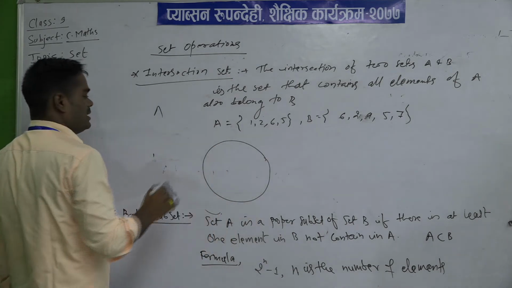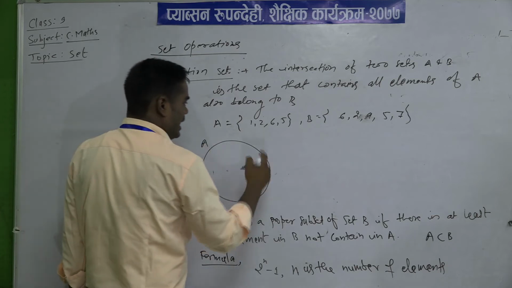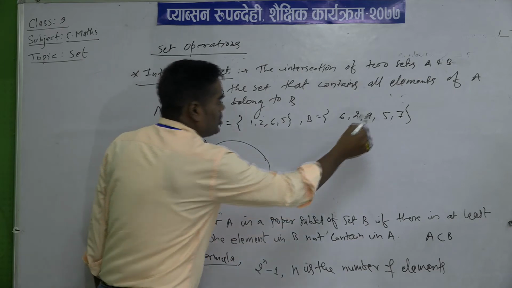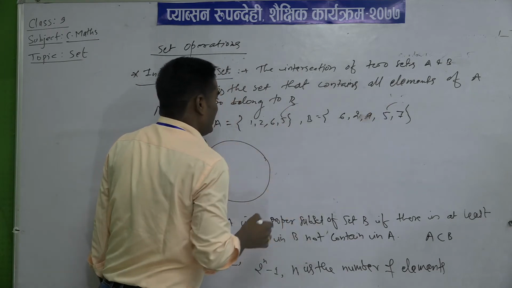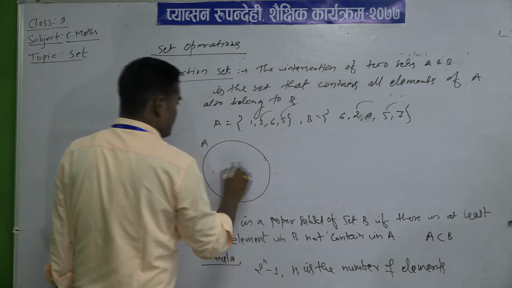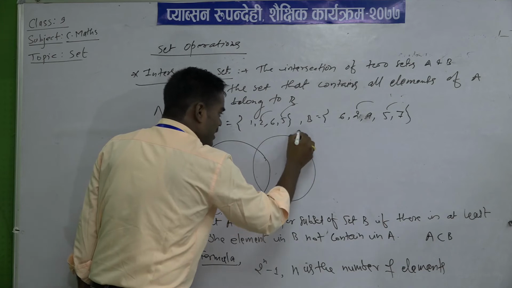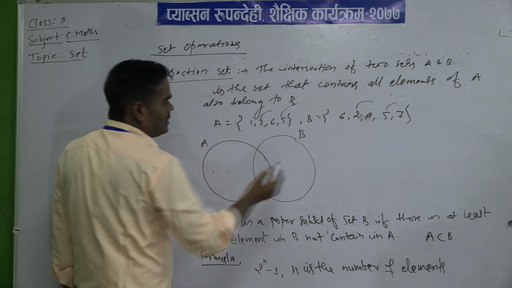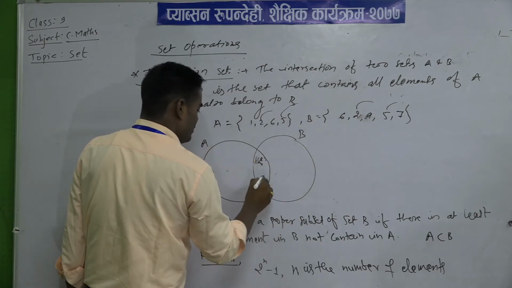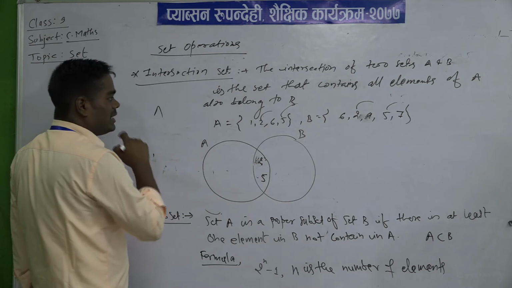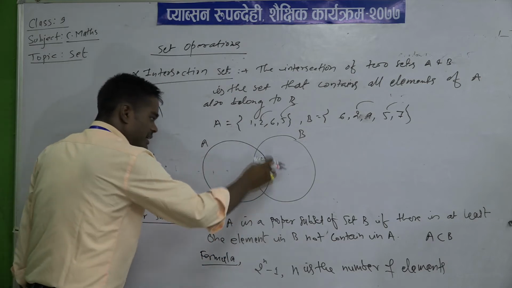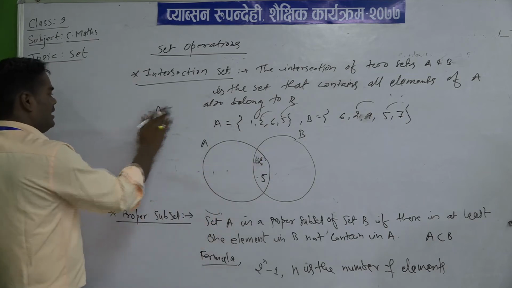This is block A, and this is the overlapping region. Some elements are common. What are the common elements here? 5 and 2. Let this block be B. The common elements are 2 and 5. And what are the remaining elements? In this common region, what elements are there?